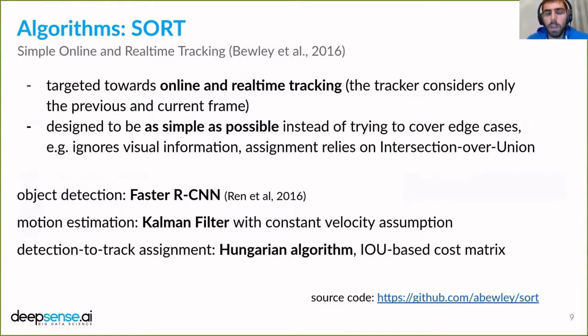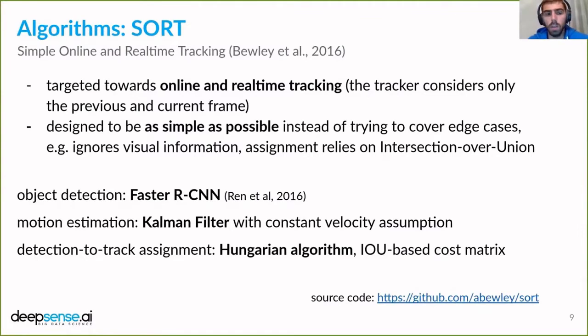It's just an acronym that stands for Simple Online and Real-Time Tracking. It was introduced in 2016 by Bewley et al., and it was targeted towards online and real-time tracking, which means that the tracker only considers the previous and the current frame when doing the assignment. And it was designed to be as simple as possible, rather than trying to cover all the possible corner cases.